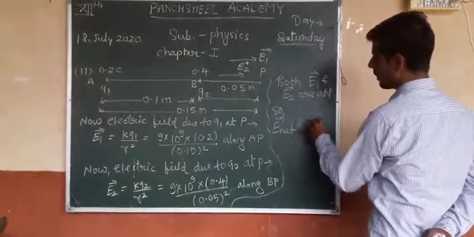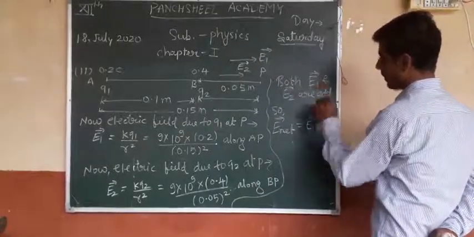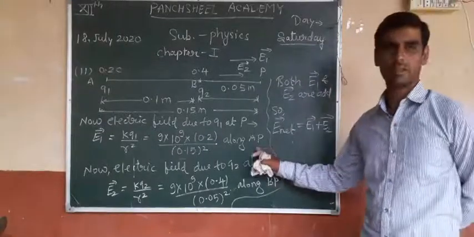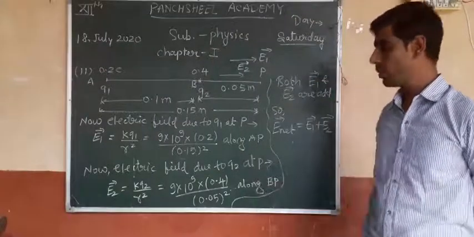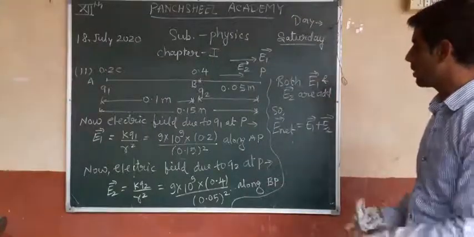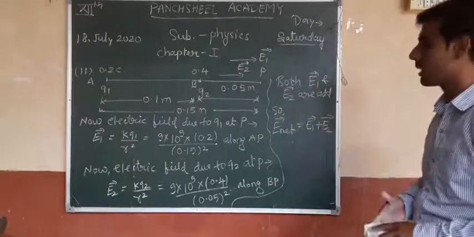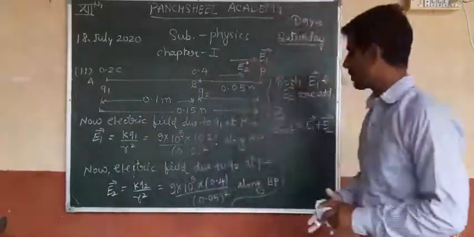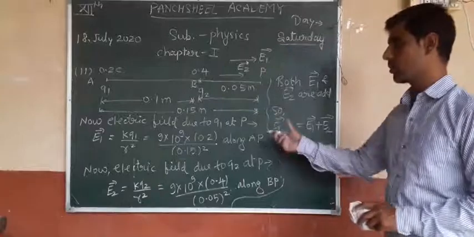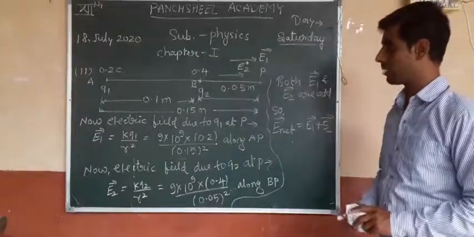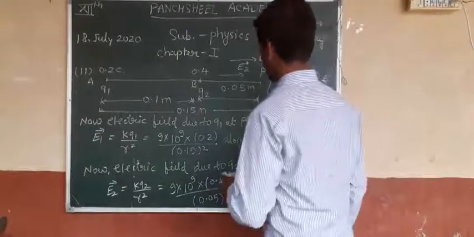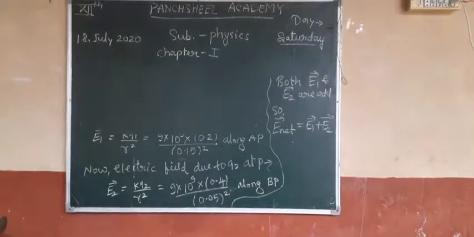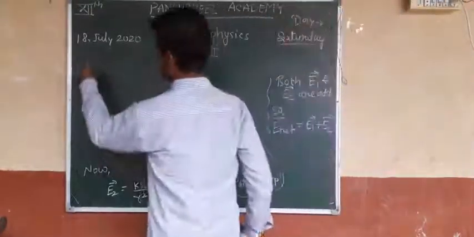That is E1 vector plus E2 vector. So put the value of E1 and E2 from the given equation, and you can find the value of E net. So write, and what is the direction of E net? E net is also along the direction of AP. Okay, please note down. So find the value of E net.